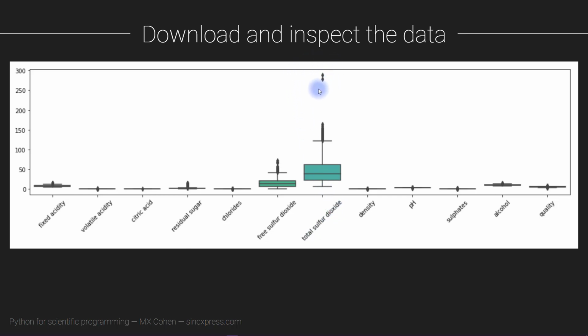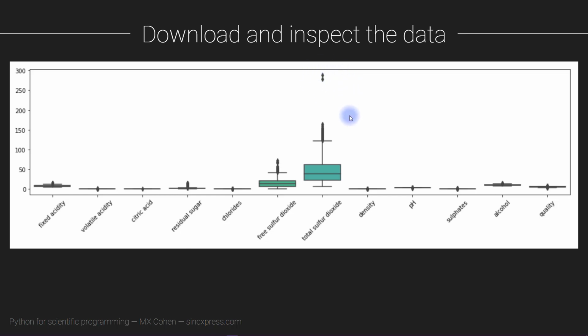Now, what I would like you to do is identify these points, or I should say the rows that contain these data points, and remove them from the data set. So we are considering these to be outliers or unusual values, and we want to identify which rows in the Pandas data frame contain these values and then get rid of them from the data set.